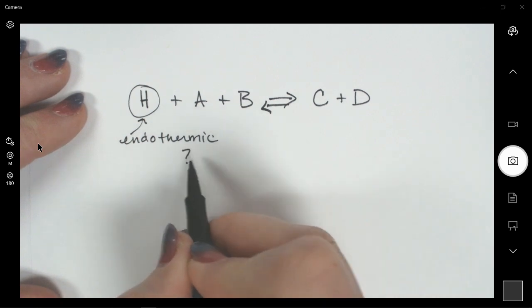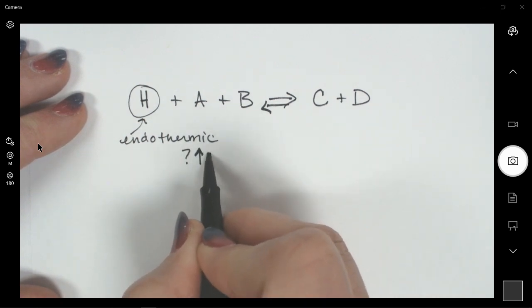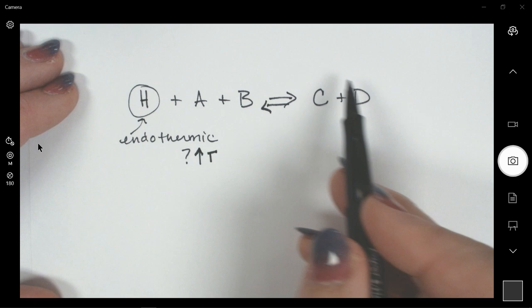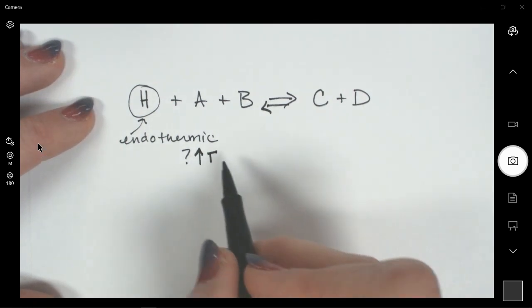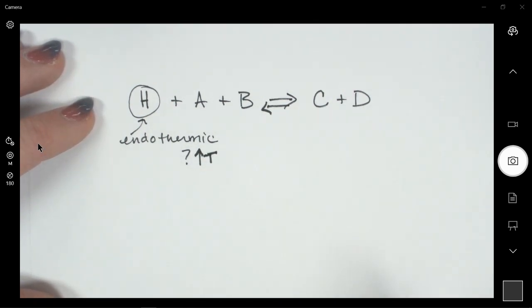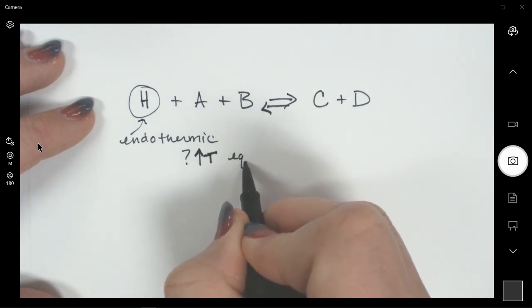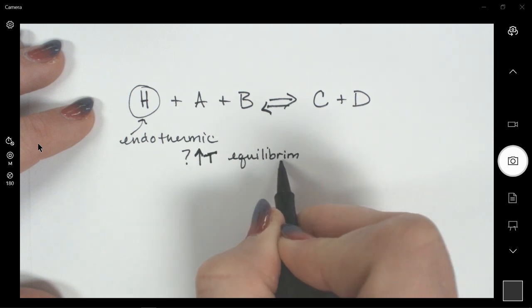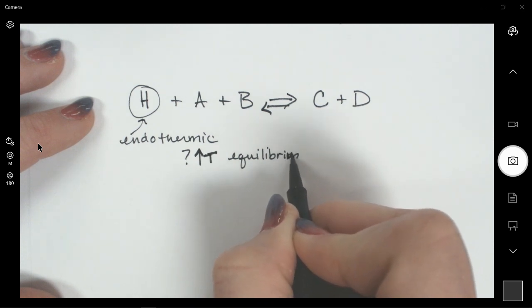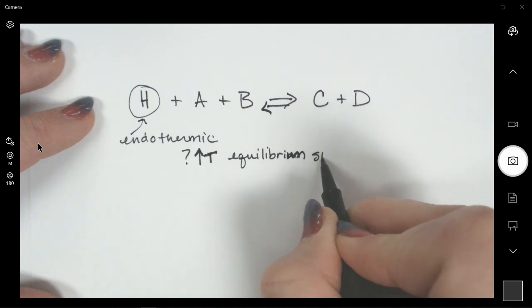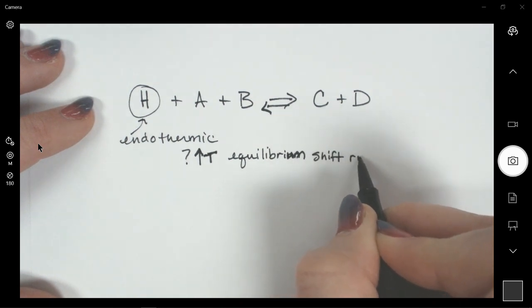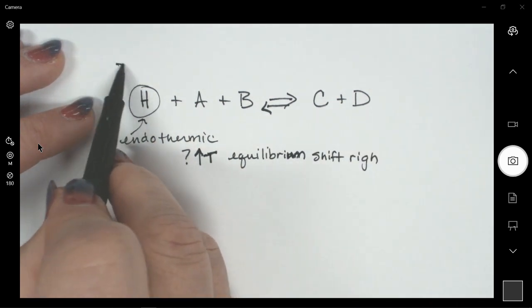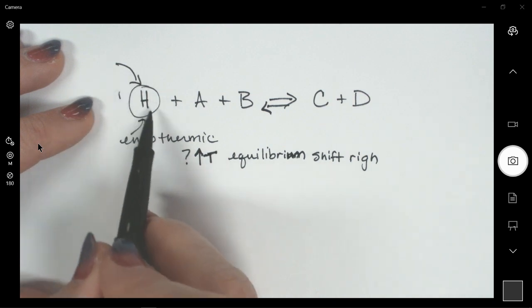So what happens when you increase the temperature of an endothermic reaction? Which way will the equilibrium shift? It should shift right, because that's the same as adding ketchup to this side.